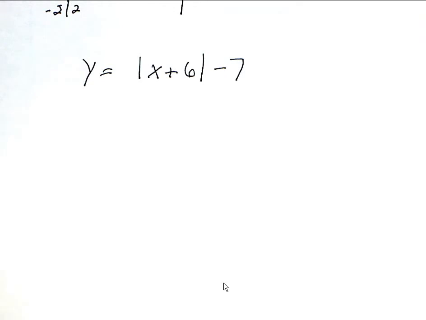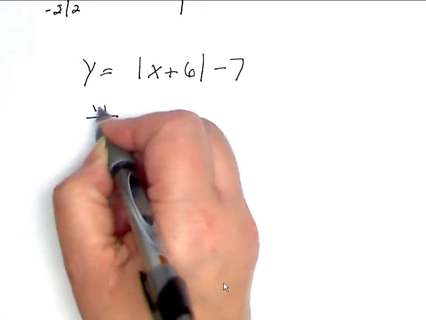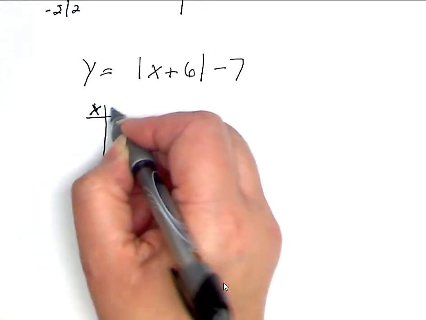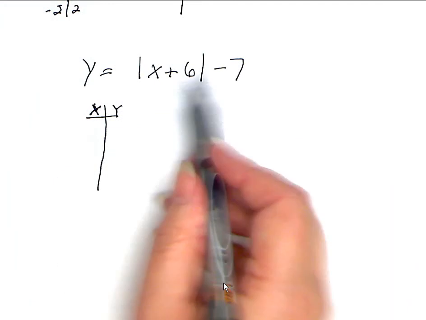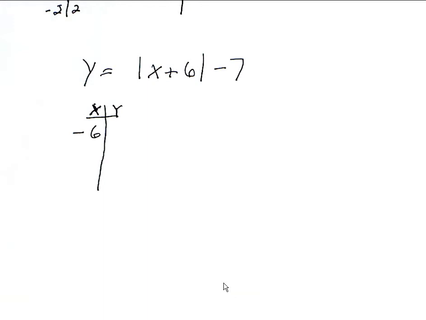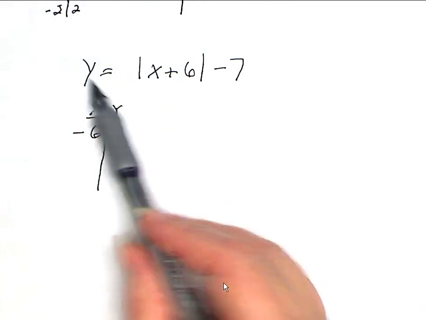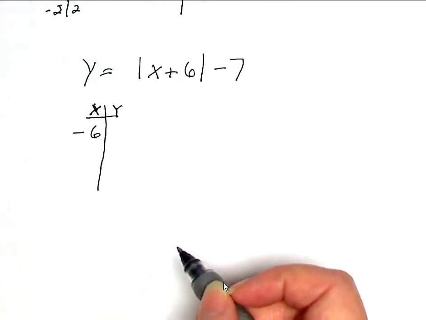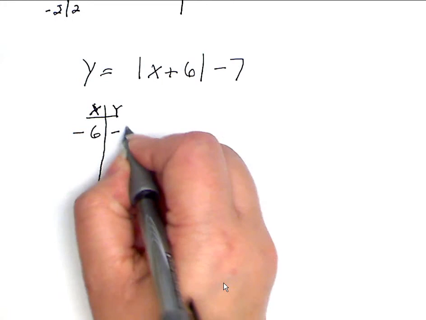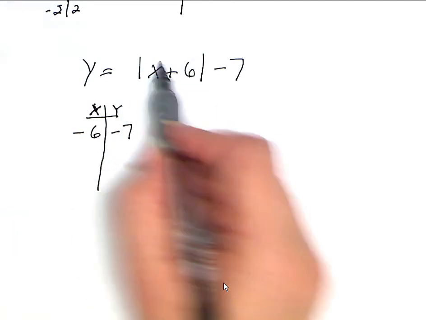So the first thing we'll do is we're going to make an XY chart, but I'm going to tell you what we're going to do, and then I'm going to tell you how I knew where to start. We are going to start by putting in negative 6. When I put in negative 6, what is my y value? Negative 7. So you put in negative 6, you get 0, and then you're at negative 7.